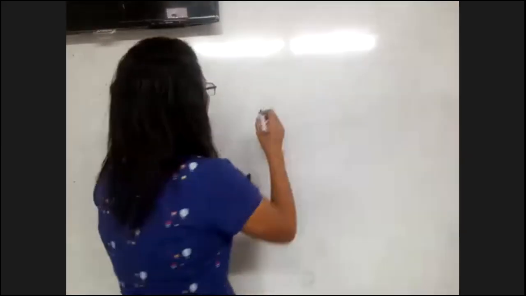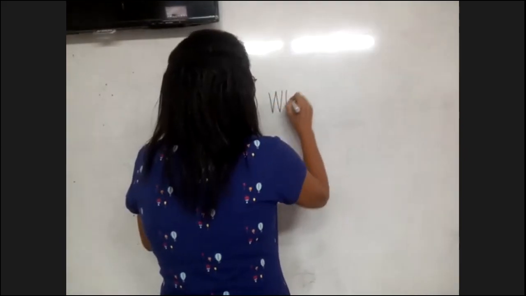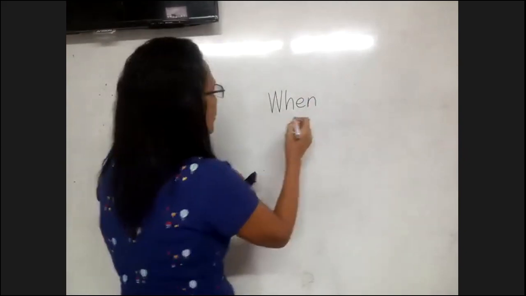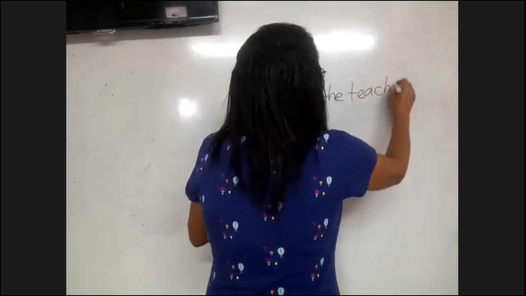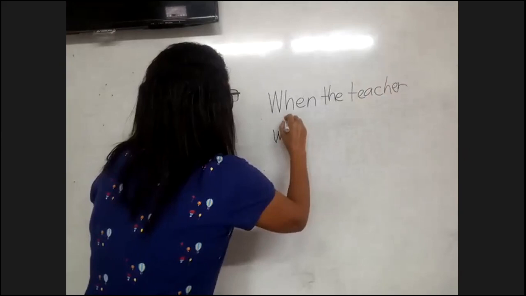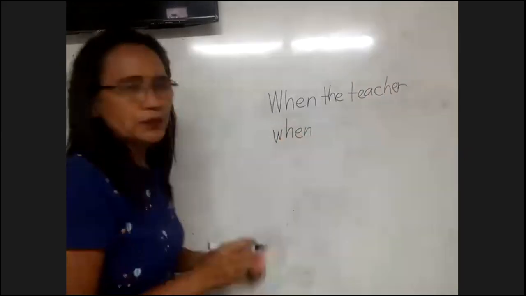For example, you are writing in the beginning of a sentence, you're supposed to write a capital W for when, but you wrote small w instead of big W. So what do you think the proofreader will do?